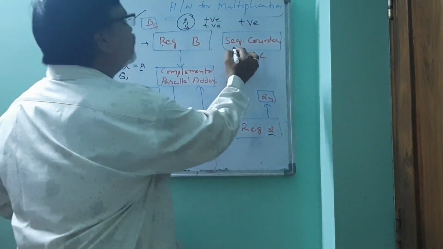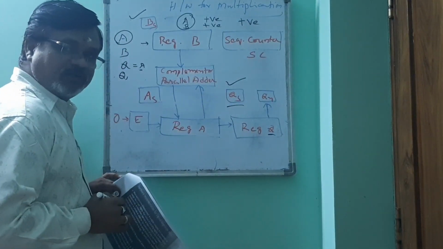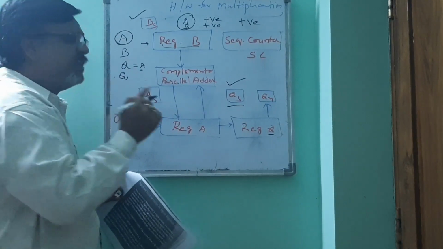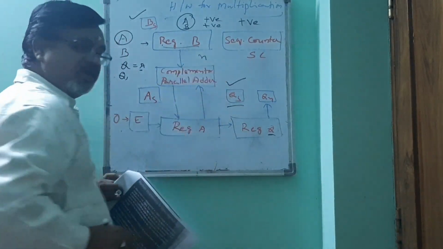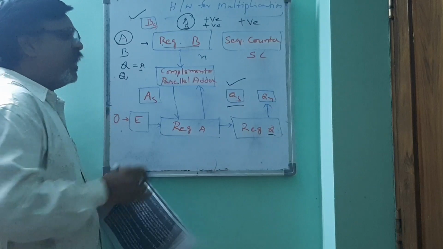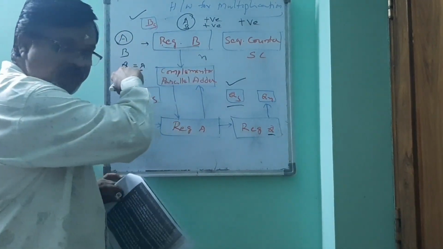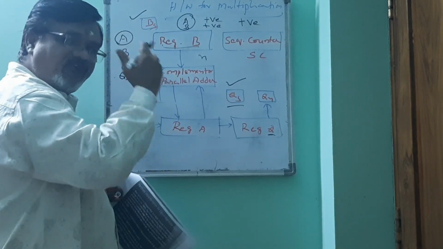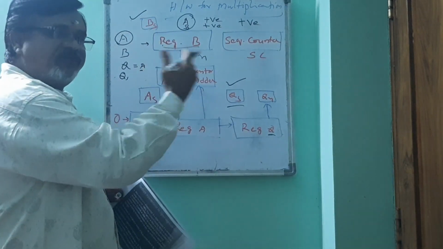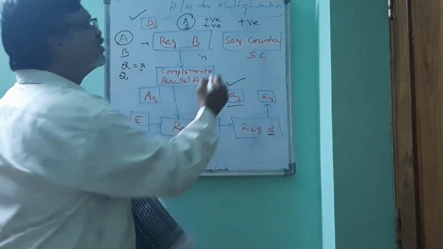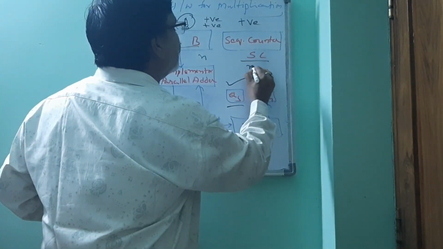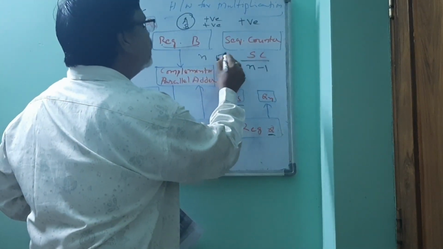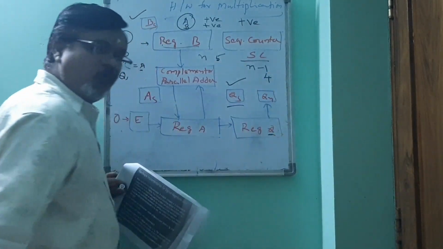Now, as we discussed about the sequence counter, initially if register B contains n bits, then as we explained in the previous example, if there are 5 bits, shift left is done 4 times. So this sequence counter initially will have n minus 1. If there are 5 bits, the sequence counter will be loaded with 4.